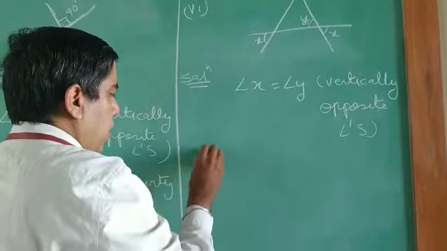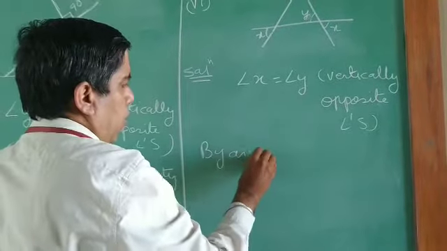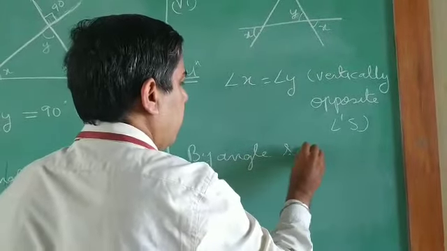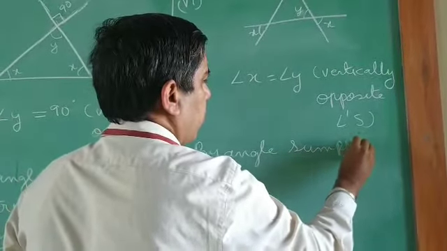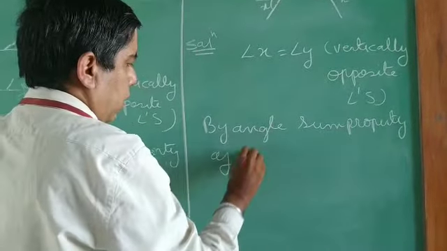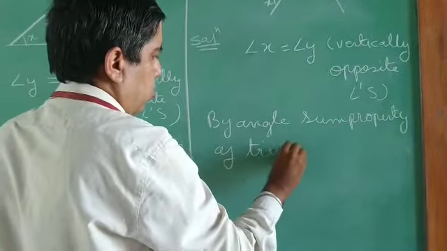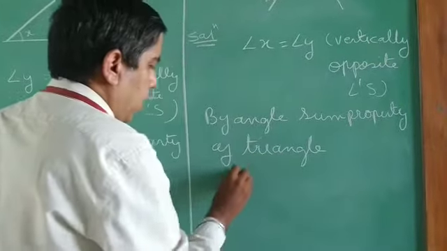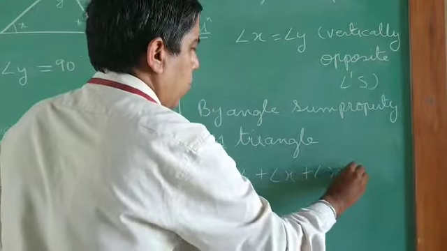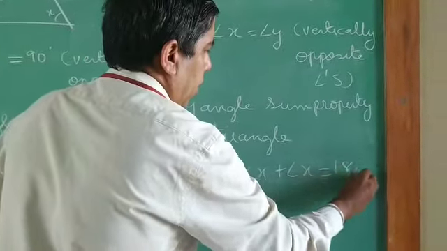By the angle sum property of a triangle, what do we get? Angle x plus angle x plus angle x equal to 180 degrees.